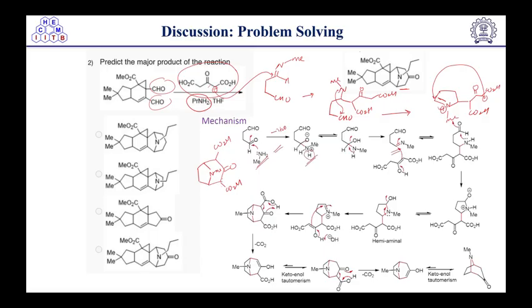Okay, it will attack over here and we'll get this intermediate. After this one, hydrolysis will take place and CO2 elimination will give the corresponding product as the desired product.